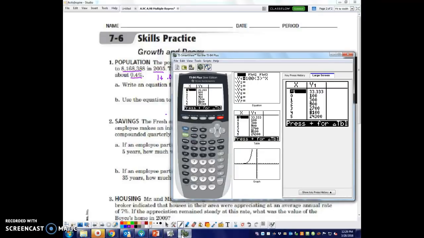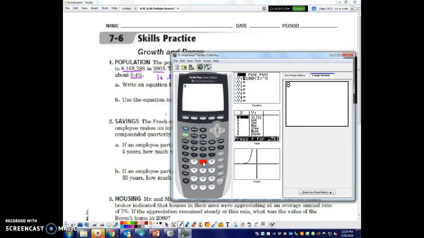So we have the number 8,008,278 times 1.004 to the power of, we want 2015, so to the power of 15. Hit enter.